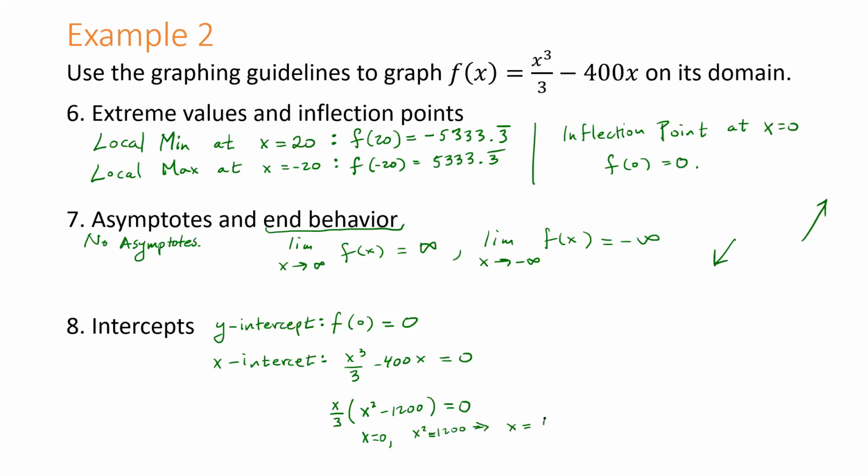So x equals plus or minus the square root of 1200, which is, let's see, that's 3 times 400, so it's 20 radical 3. Okay, whatever that is, 20 radical 3. You can approximate that if you're curious, but I guess it's not so important right now.